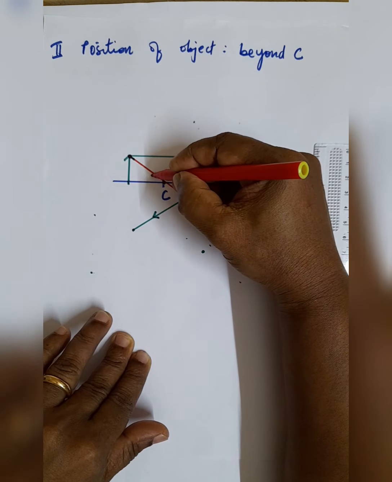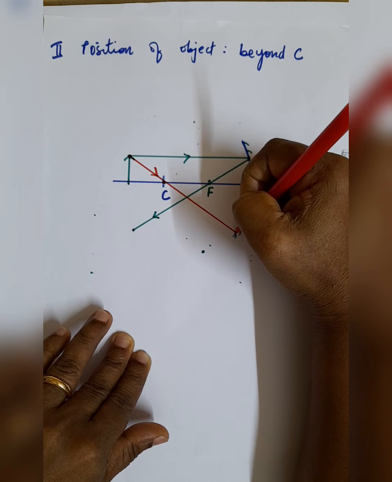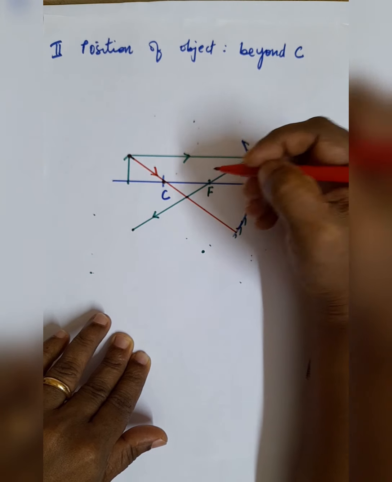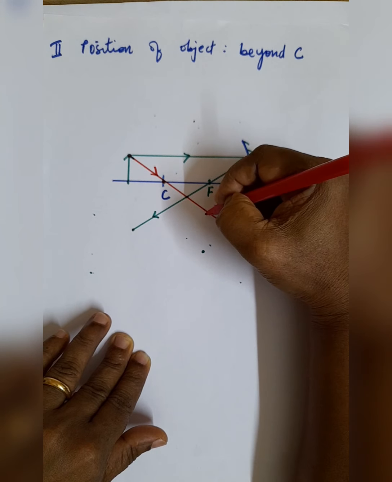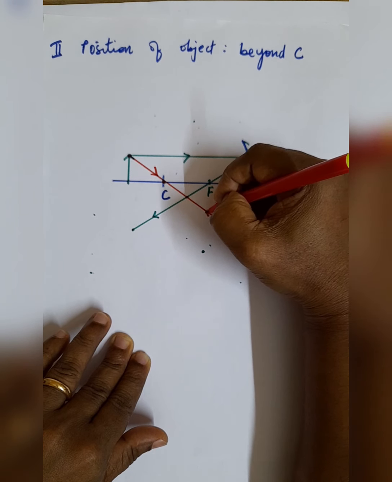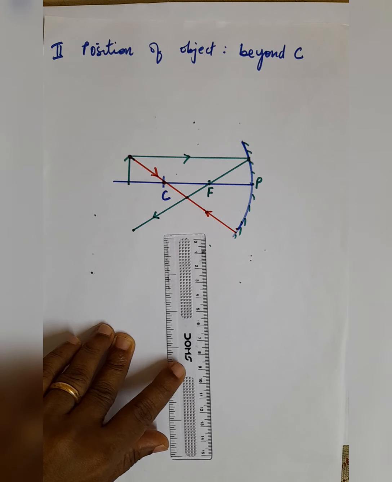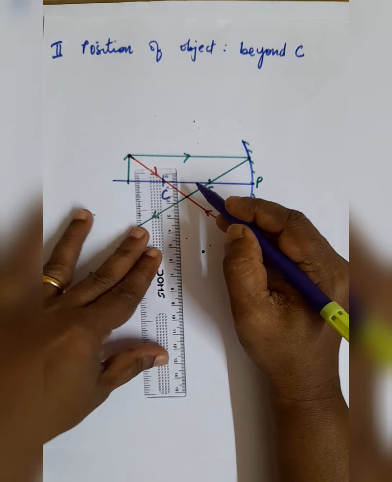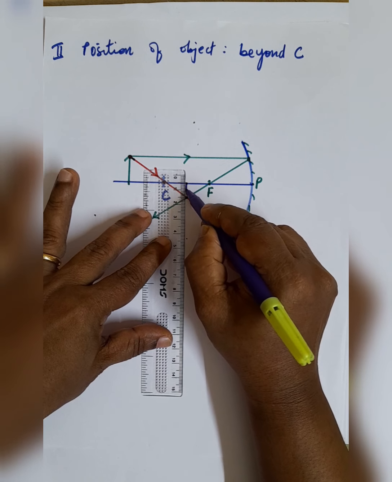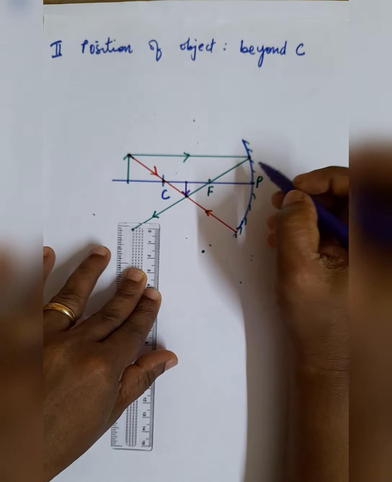So when it travels through C, after reflection the ray goes back to C, and here is the meeting of both the reflected rays. So it comes to C, it goes back to C. So the meeting of the 2 reflected rays, at that point the image is formed, and the image is inverted because it is real.